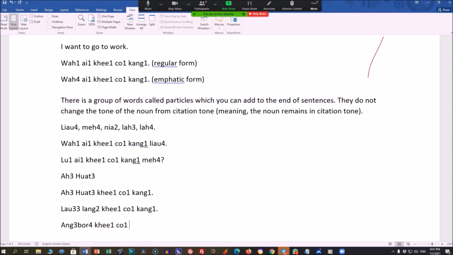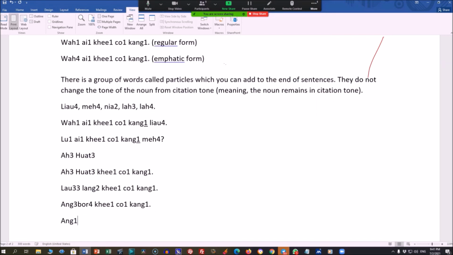Ang bo kicho kang. So ang bo, even a compound noun comprising 2 words joined together, the word bo does not sandhi. It remains the same. One. Ang plus bo is ang bo.